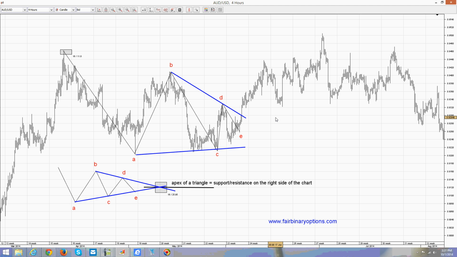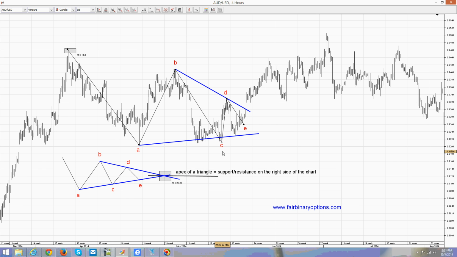It might be that the C wave actually is here, so this would be A, B, C, D, E, with the C a bit bigger in order to respect all the rules of a contracting triangle. So this would be the C, and this would be the D.